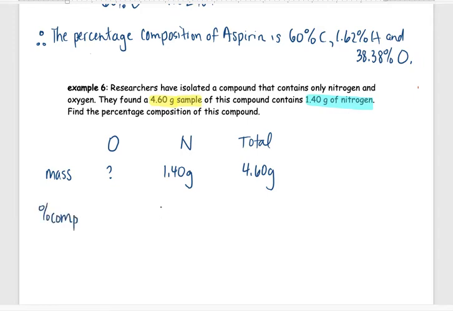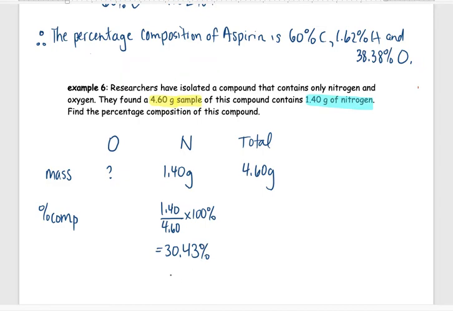If we have 1.4 grams contributed from nitrogen, and we divide it by the 4.6 gram total, you're going to get that the nitrogen makes up 30.43% of the total of this compound, okay?